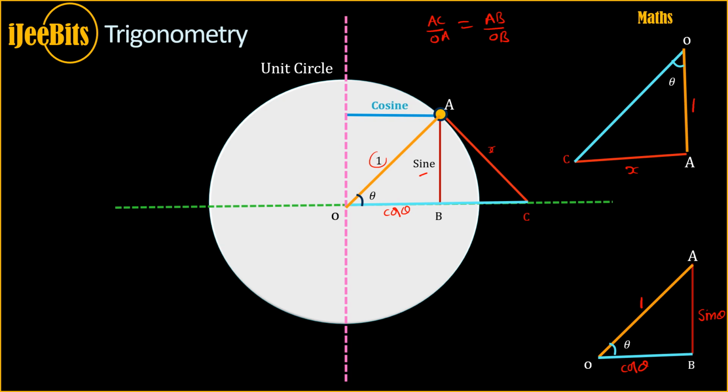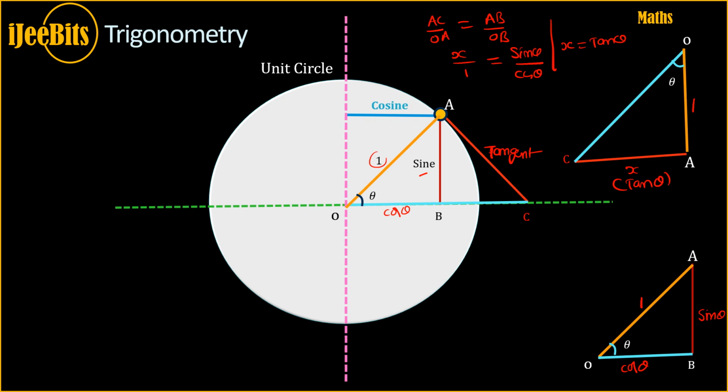AC means x, by OA means 1, equal to AB means sin theta, by OB, which is cos theta. That implies x equals tan theta. So this is nothing but your tangent, right? That is what we got, tan theta.